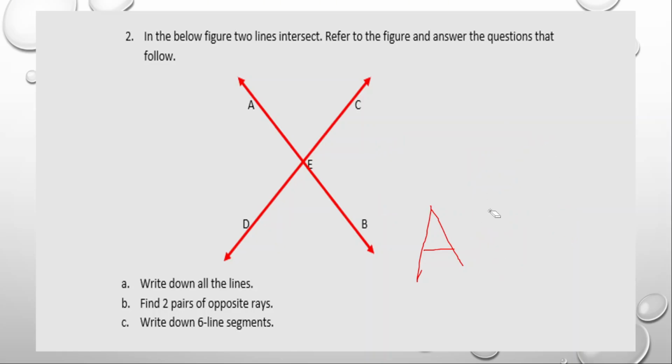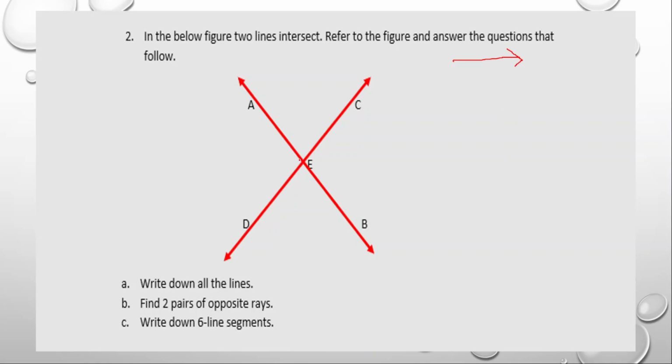Right, so we will write down now the two opposite rays. Okay, here we go. A ray has a starting point and goes infinitely to the left or right. So you must have a starting point.